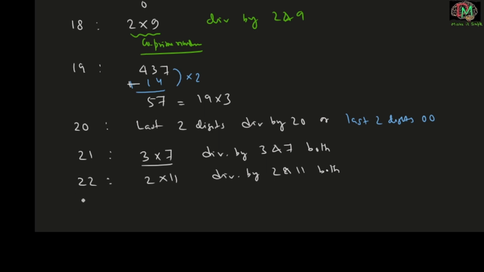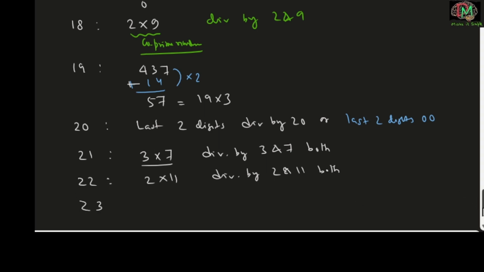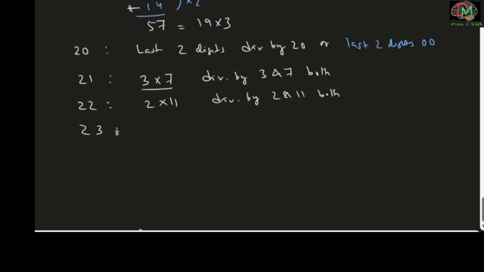Next is 23. For this, let's take one example, 3128. Then we multiply the last digit by 7. It will be 56, and we add the rest of the number.